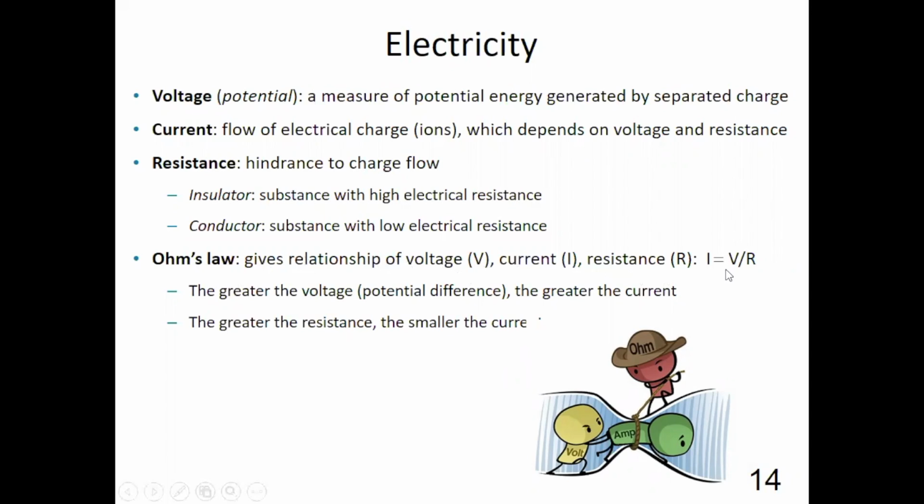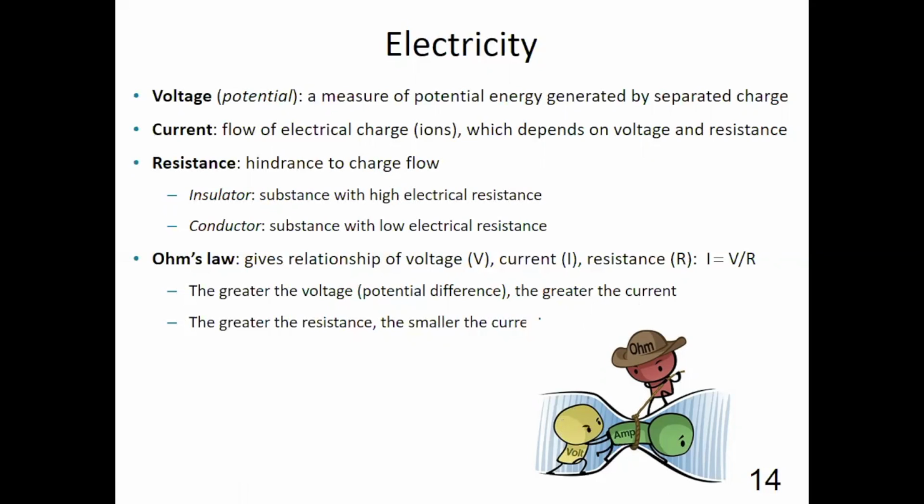Now, I'm not going to ask you to perform any calculations using Ohm's law, but this cute little figure here, I think, illustrates Ohm's law and the relationship of these variables. So again, what we often measure and what we're going to be looking at in the rest of these slides is membrane potential, which is the voltage of the cell. So this yellow guy here.